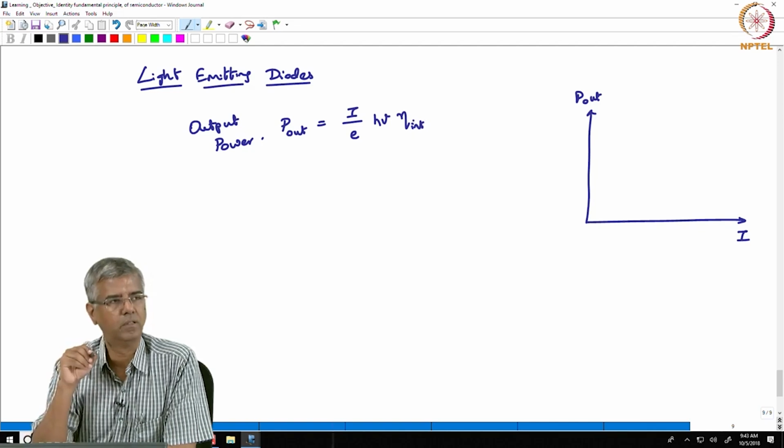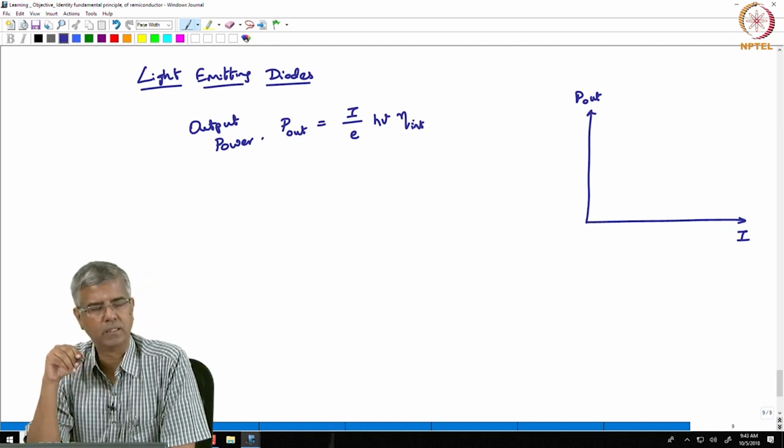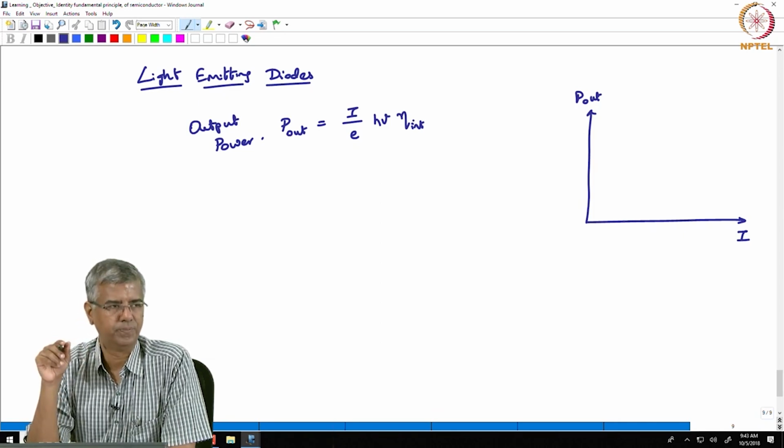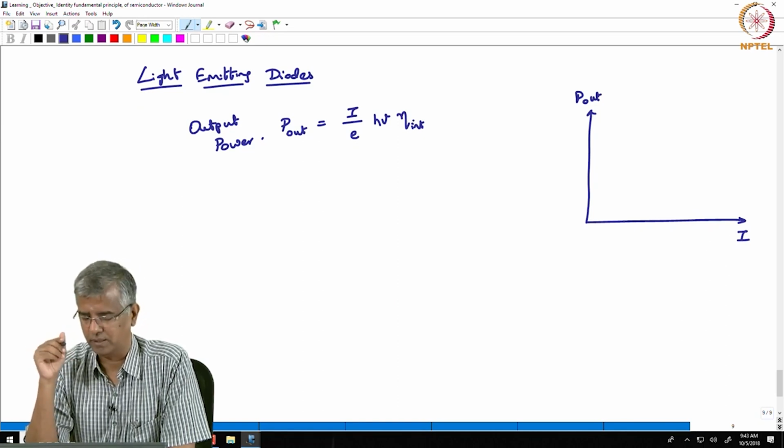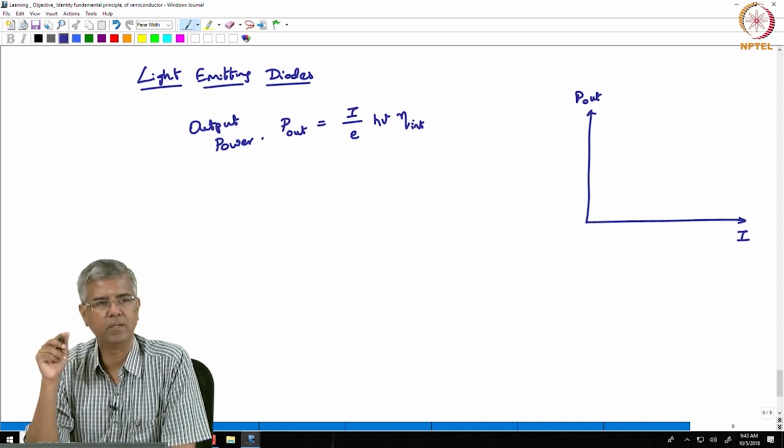eta int. So, what does this eta int signify? Not every electron hole pair is going to give you a photon, right. Somebody was asking yesterday what are the chances of non-radiative recombination.